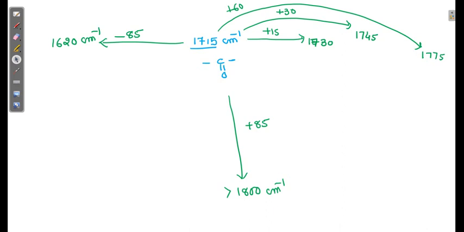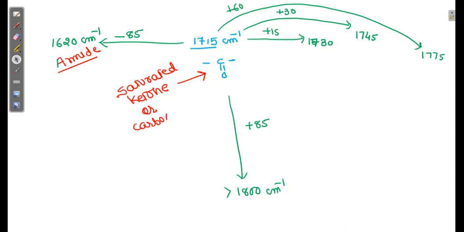So in the last slide we have seen that the lower value is for amide. So I can write here, yes, dear student, this is nothing but amide. This is a saturated ketone or carboxylic acid carbonyl.